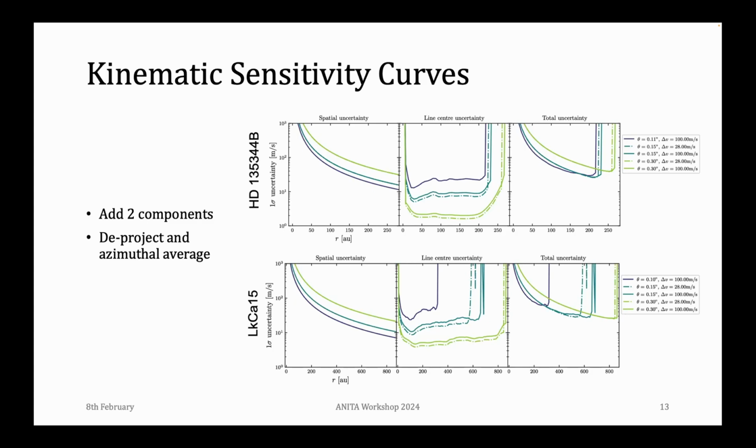Basically in all cases in the sample, we're completely dominated by the uncertainty from the finite beam size at small radii, and not until you get to the very far out radii where the rotation curve of the disk is very shallow does the uncertainty from the line profile fitting really kick in at all. So these two are added in quadrature to make the total uncertainty. And you can see that this looks a lot like this and not much like this.